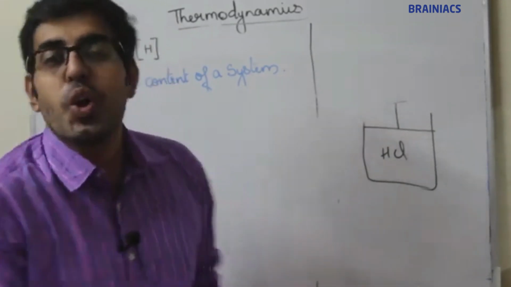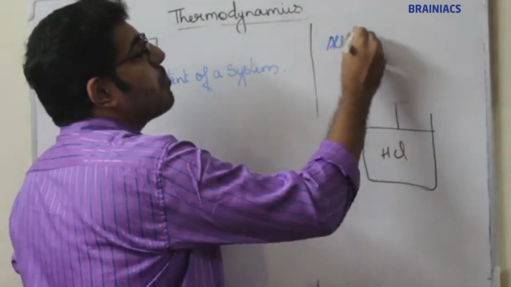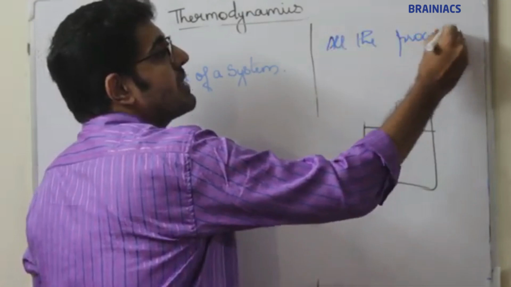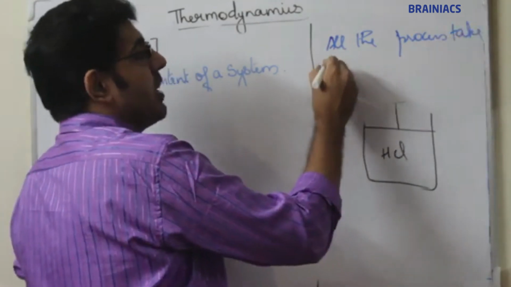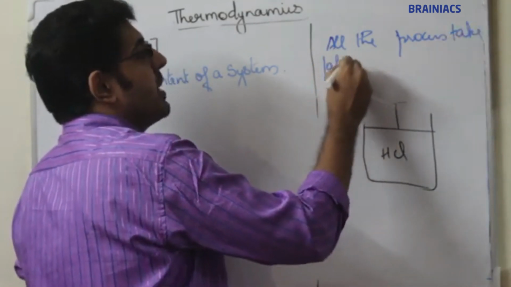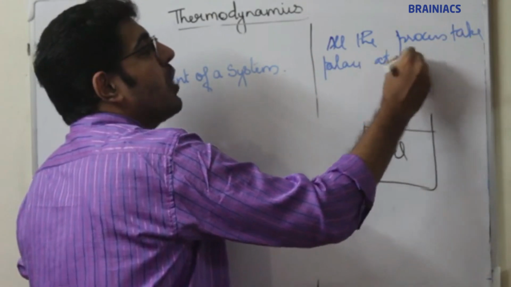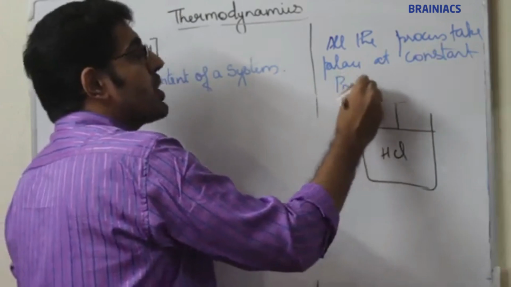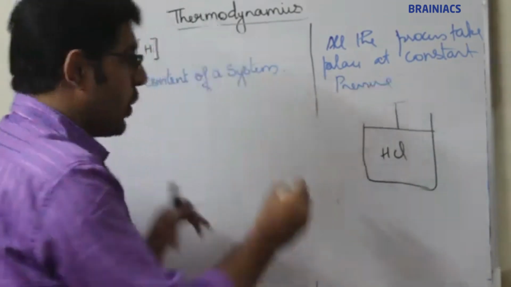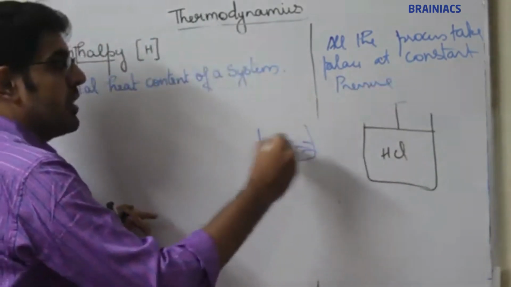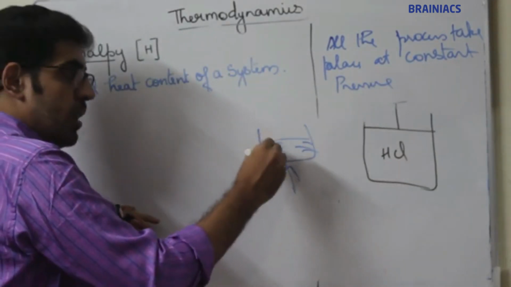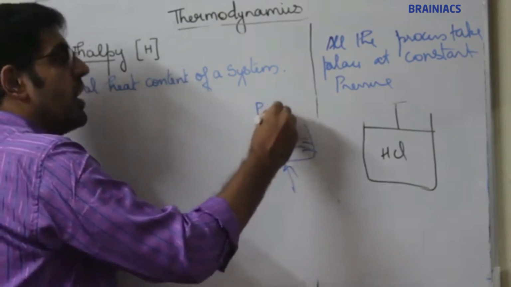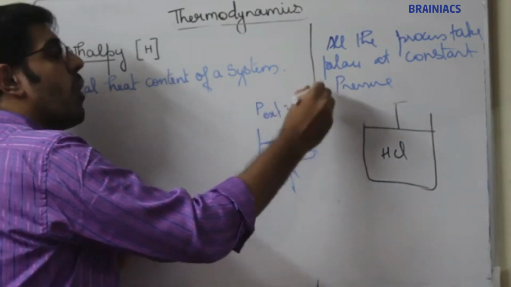They take place at constant pressure. All the processes in the universe take place at constant pressure, because volume is changing, only pressure remains constant. When you heat water, volume changes, internal energy changes, but the external pressure before and after remains 1 atmosphere.